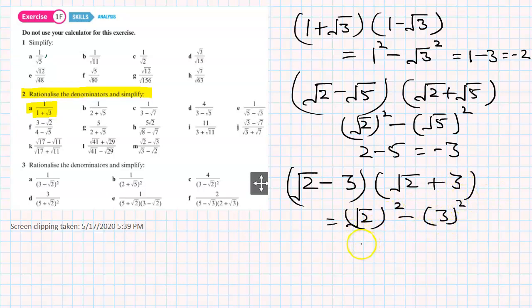So root 2 square is 2 minus 3 square is 9. So this is negative 7. So this is the first type, this is second, and this is the third. We are going to use this when we solve these questions.